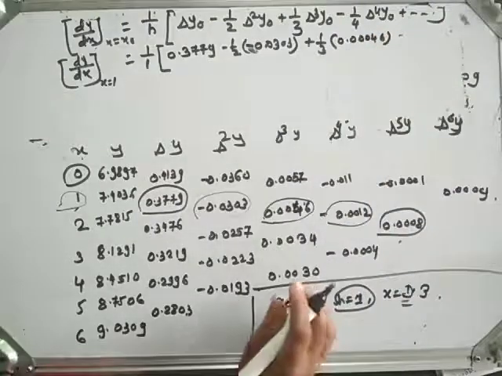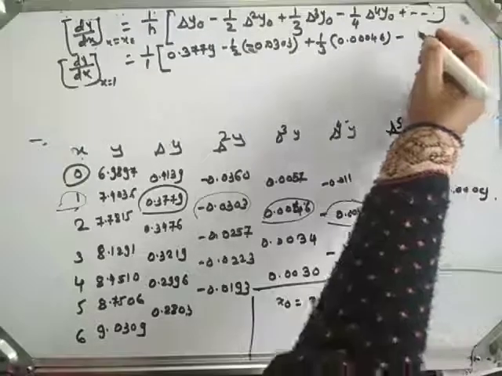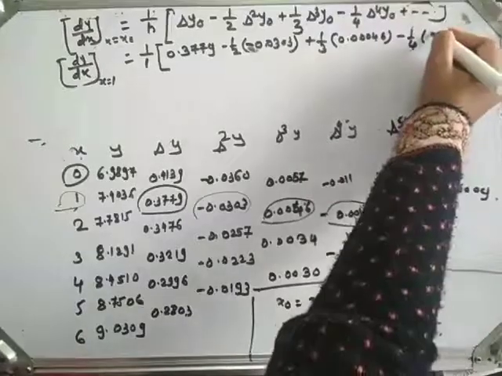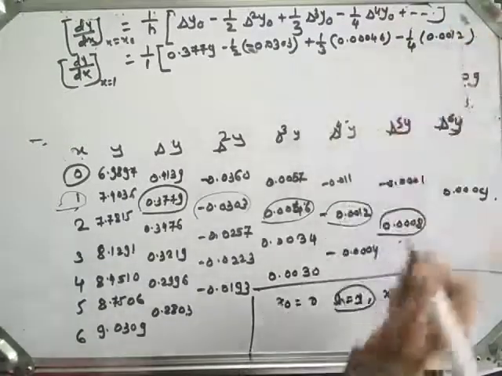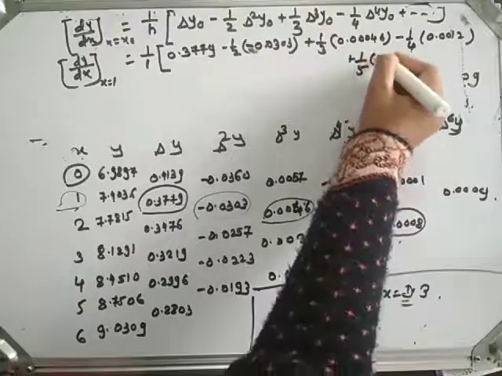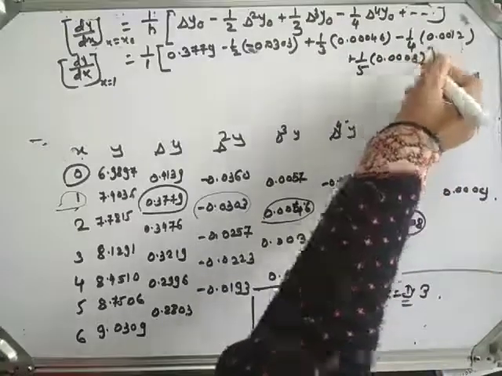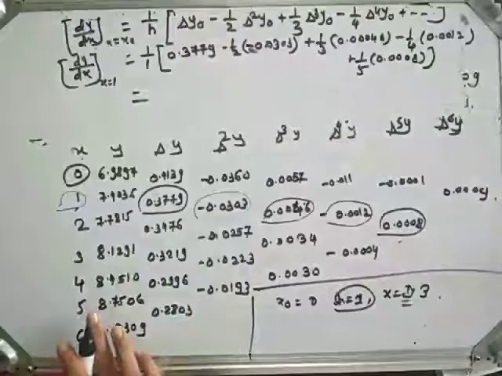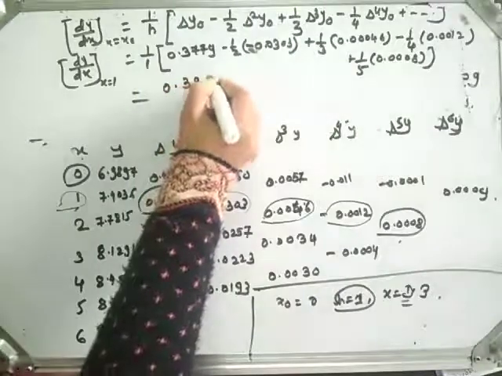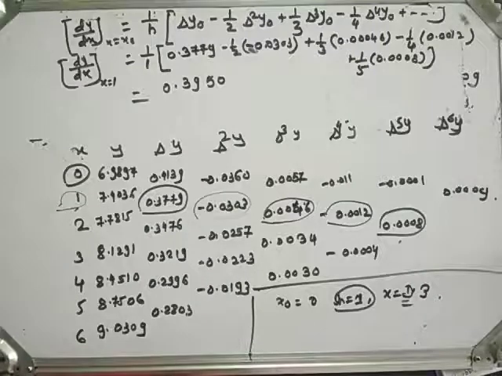Okay, 0.0046 minus 1 by 4 into 0.0012 plus 1 by 5 into 0.0008. Okay, simplify this on calculator, you will get the answer 0.3950. This is the first derivative at x equals 1.